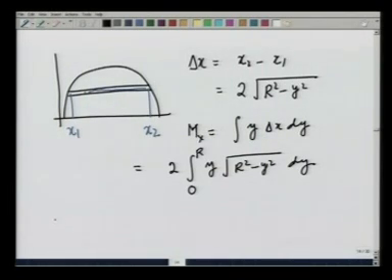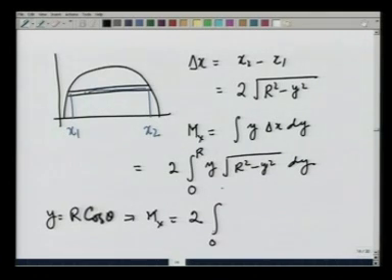Let us take y equals r cosine theta, so that Mx becomes equal to 2 times the integral from 0 to pi by 2 of r cosine theta times r sin theta, since dy is r sin theta d theta.